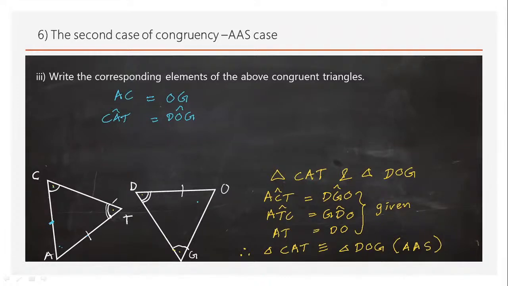What is the element remaining here? For this side, oppositely CT and DG. These are the corresponding elements of these congruent triangles.